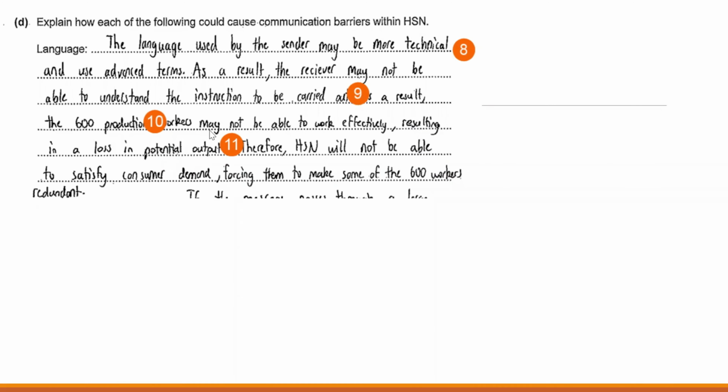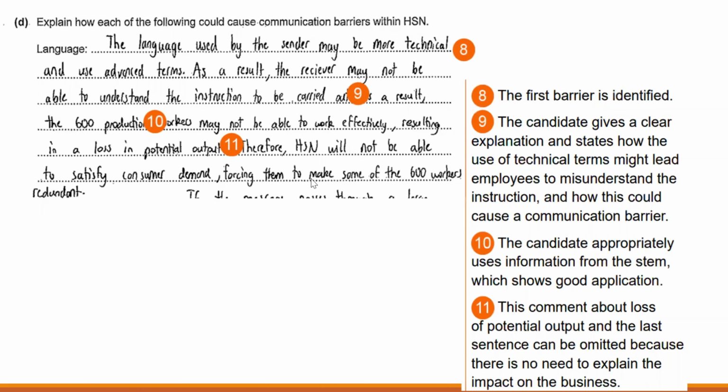The 600 production workers. Now, this is application. Very nicely used. May not be able to work effectively, resulting in a loss of potential output. This is what the problem is going to be. Therefore, HSN will not be able to satisfy consumer demand, forcing them to make some of the 600 workers redundant. Abhi thodi zyada lambi explanation hai, but it's okay. It was still good.